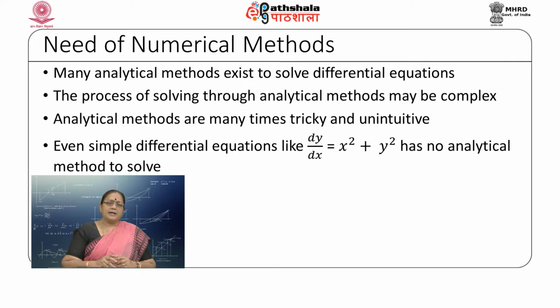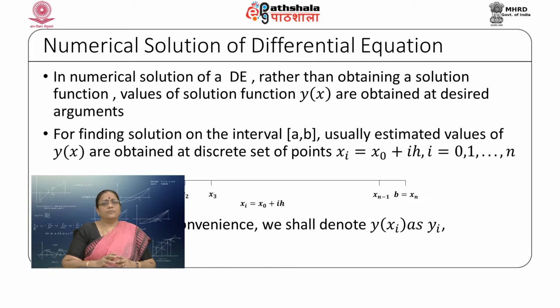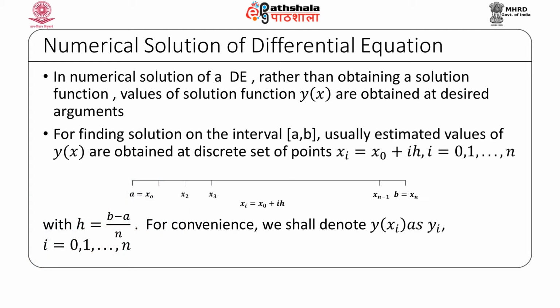Let us understand the nature of numerical methods to solve a differential equation. What is done in the numerical solution is, if we need a solution over the interval a to b, let us say our starting point is a, we will call it x0. We divide the interval a to b into n equal parts. Our step size h is (b minus a) by n.